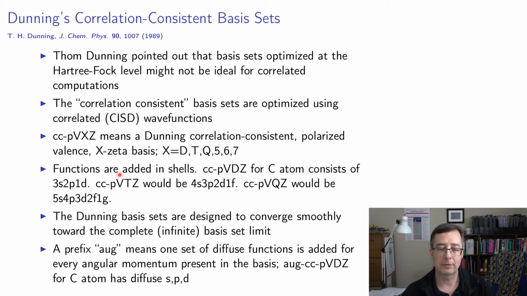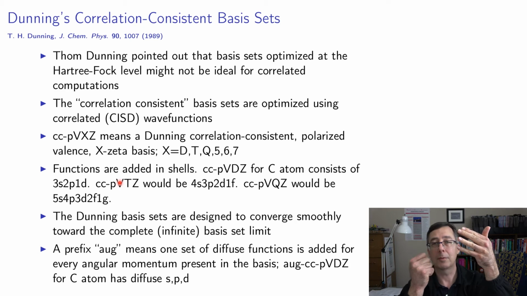To get to triple zeta, well, I would have 1s, and then 2s, 2s prime, and 2s double prime. And then likewise, a set of 2p's, and it's triple zeta, so 2p prime and 2p double prime. Okay?